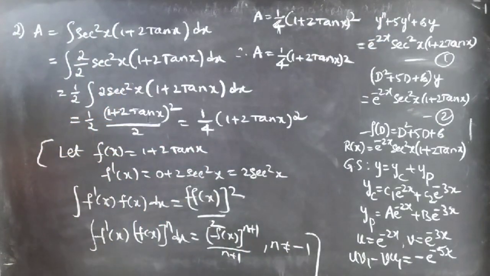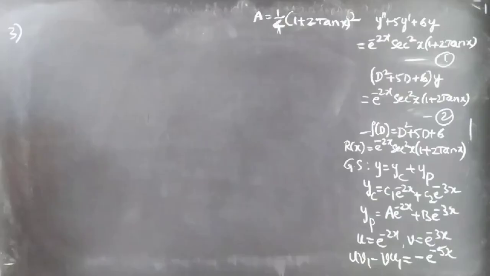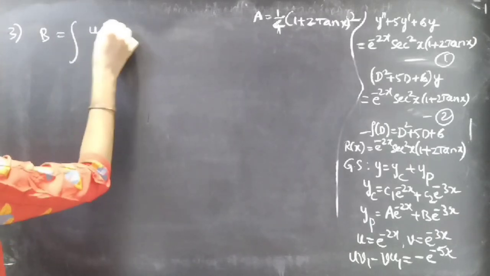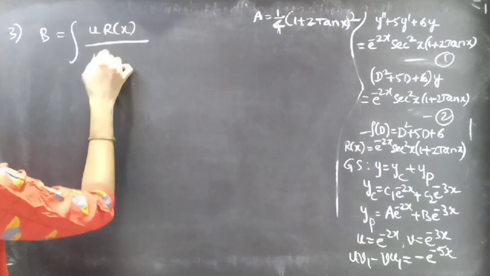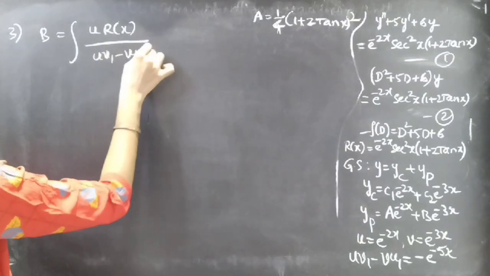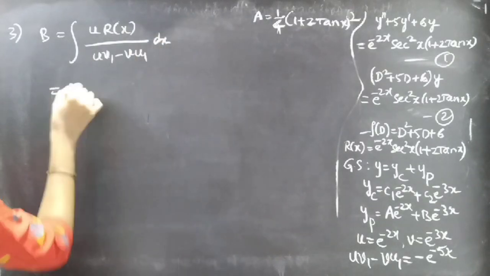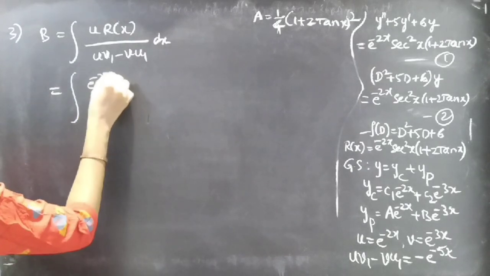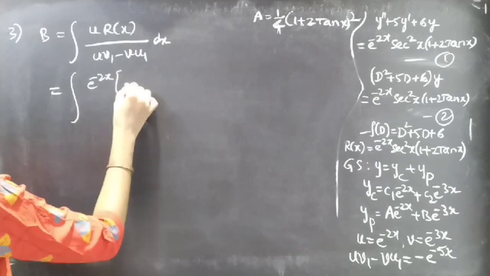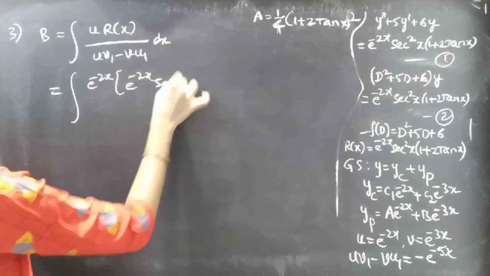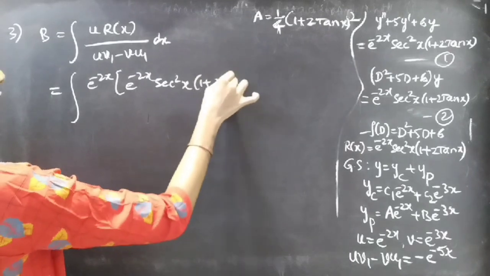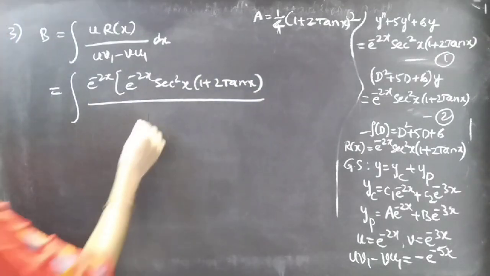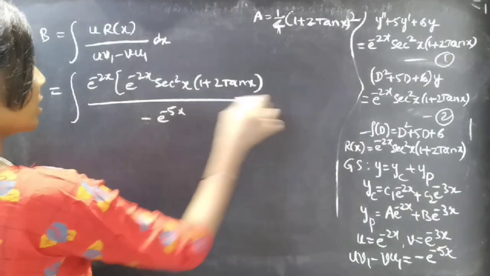Let's now find b. b is given by integral u into r of x by uv1 minus vu1 into dx. That u is e power minus 2x, and r of x is e power minus 2x secant square x of 1 plus 2 tan x, by uv1 minus vu1 which is minus e power minus 5x into dx.